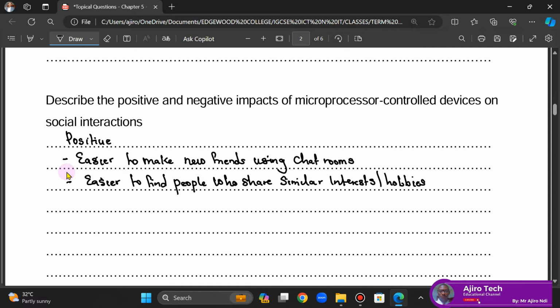Okay? We're talking about communicating. Some devices take us out from our homes, while other devices encourage people to stay at home. These devices that encourage people to stay at home are your smartphones, smart televisions, or tablets.